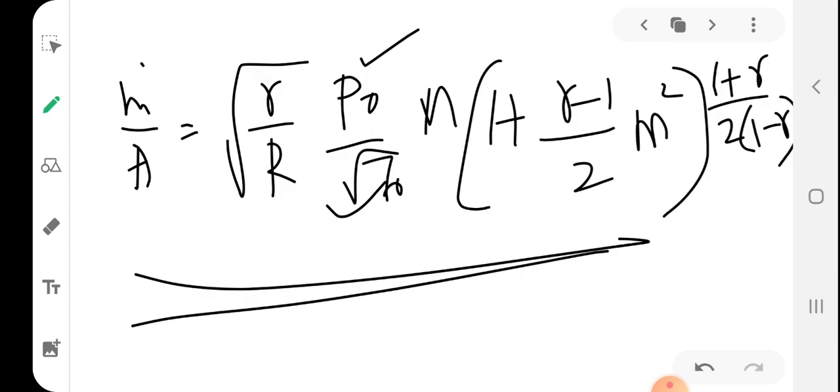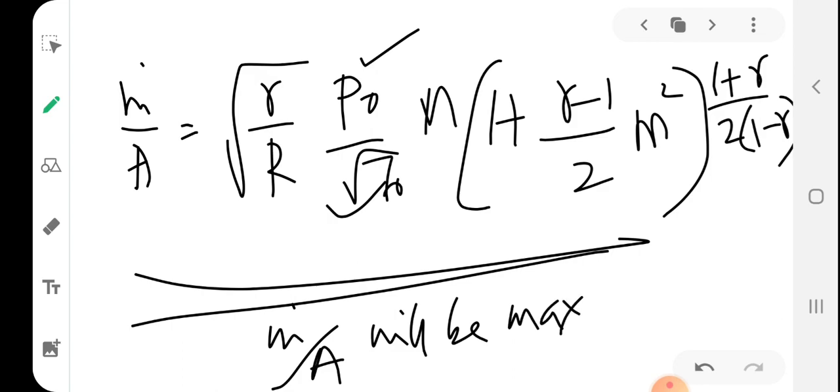So mass flow per unit area will be maximum at the section where flow area is minimum, right? The m dot by A will be maximum when A is minimum, because m dot is constant.